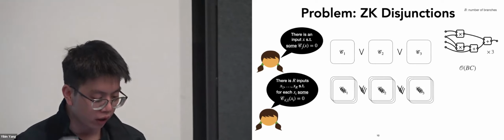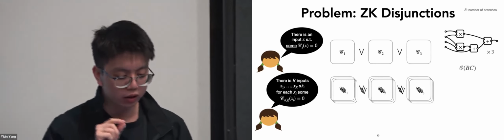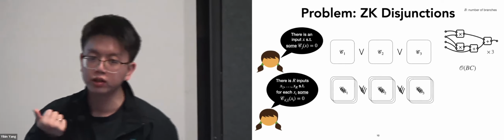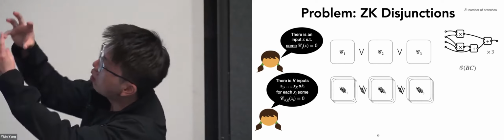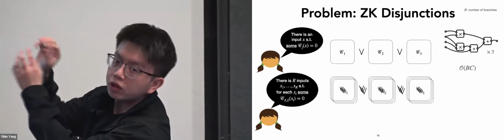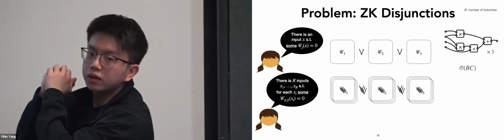But before we move forward, I just want to say that this paper also targets these settings that we call batch disjunctions. What's happening in batch disjunction is we just copy and paste this single statement multiple times. In the single disjunction setting, the prover wants to show that she knows some inputs that satisfy one out of these 3 circuits.